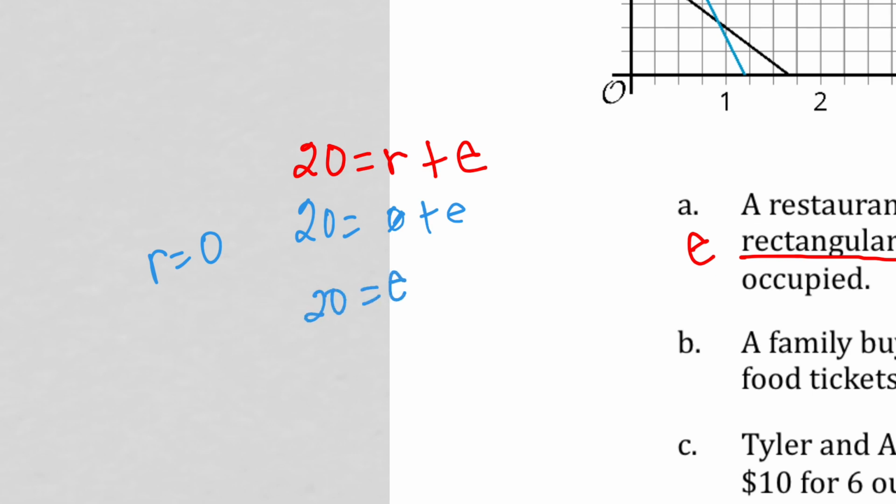If I plug in E equals 0, I will get 20 equals R plus 0. What does R equal? Okay, so what are my X and Y intercepts?